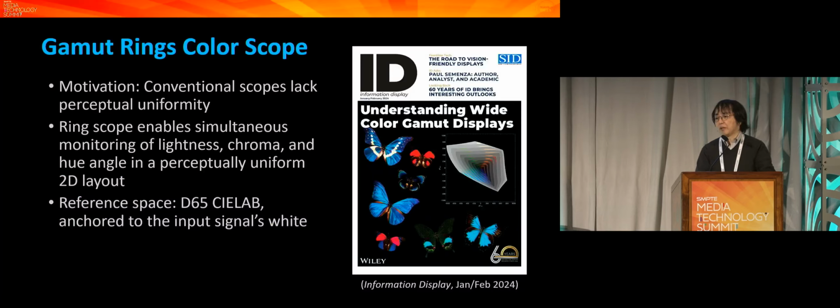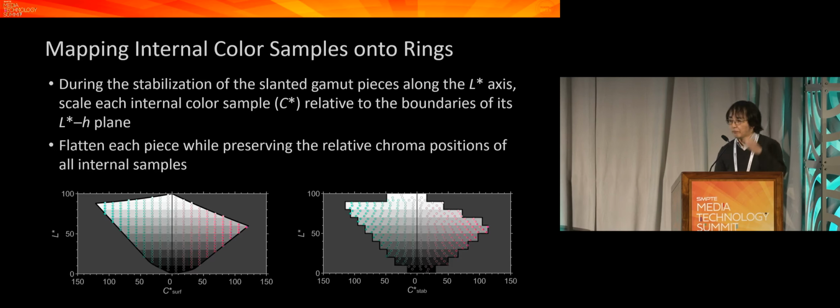So I devised the gamut rings color scope because conventional scopes lack perceptual uniformity. And the ring scope enables simultaneous monitoring of lightness, chroma, and hue angle in a perceptually uniform 2D layout. And I decided to use the D65 CIELAB space anchored to the input signal white.